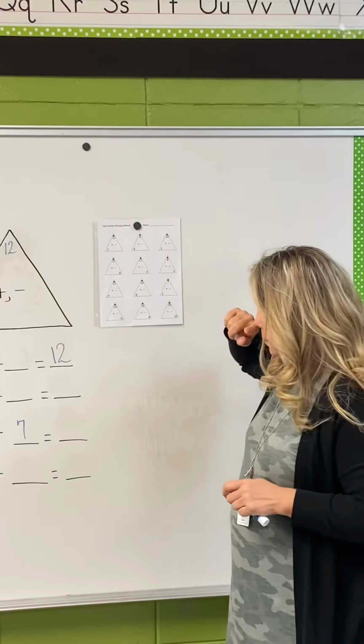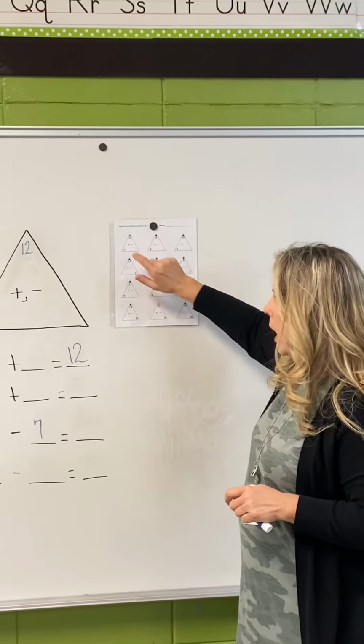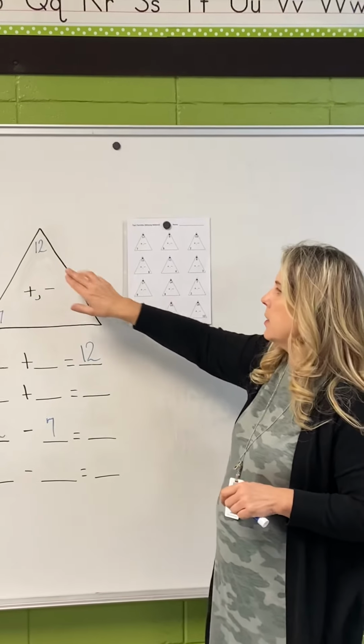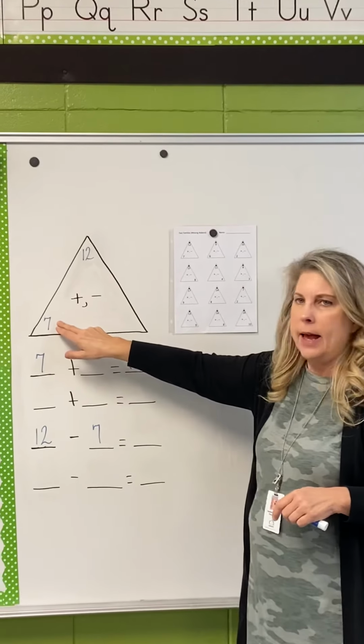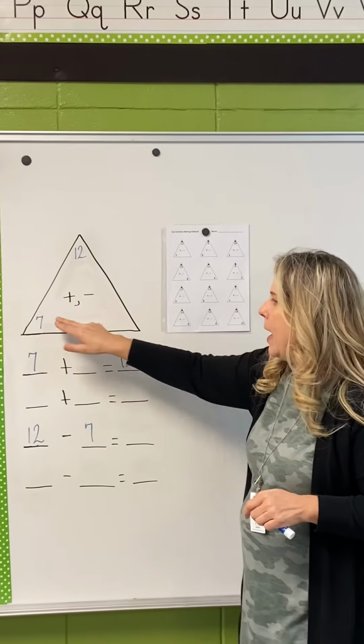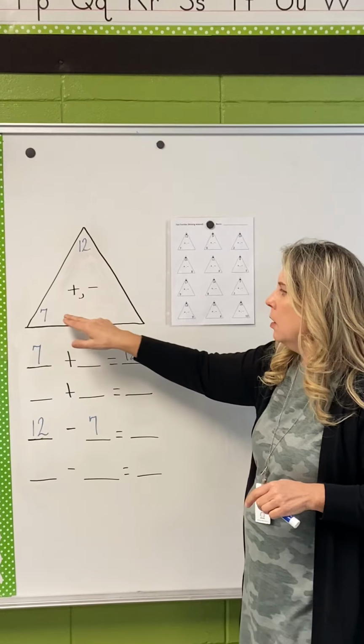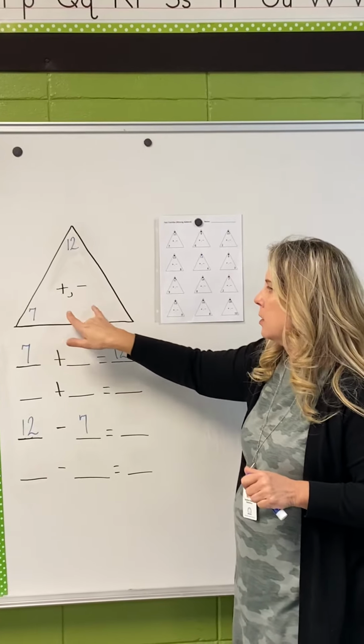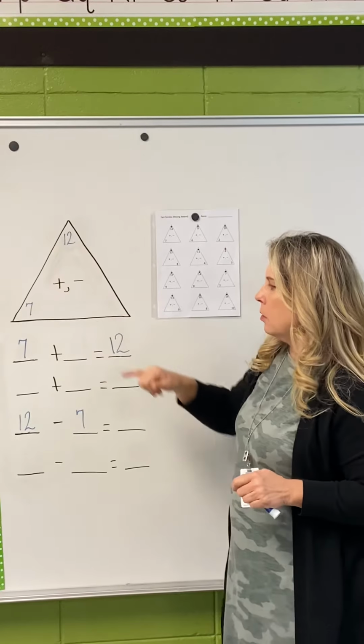Now, the first problem on your worksheet today has 12 at the top, and it has a 7 on the bottom. A 7 is called an addend. The 2 numbers on the bottom are parts of the total, or addends. They are the 2 parts that add up to the total, okay?